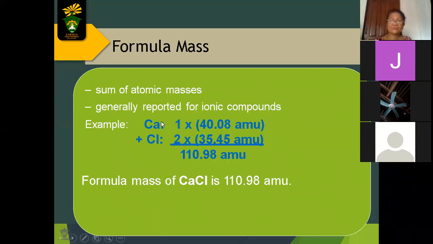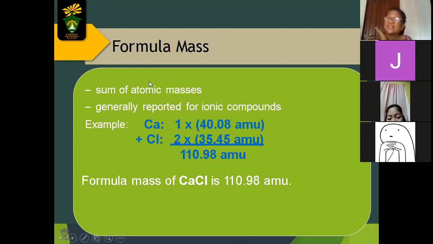For instance, we have calcium chloride. Sayop nga niya, this is CaCl2. If that will be the case, how many atoms are there in calcium? How are we going to get the formula mass? We are going to get the sum of its molar masses or atomic masses.